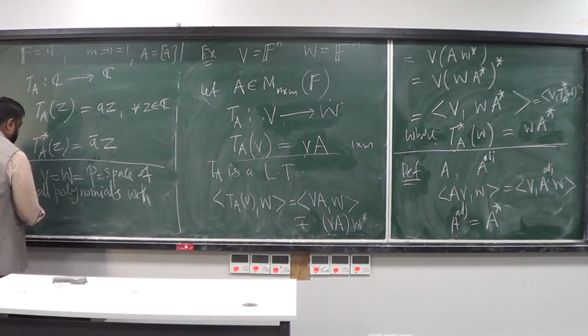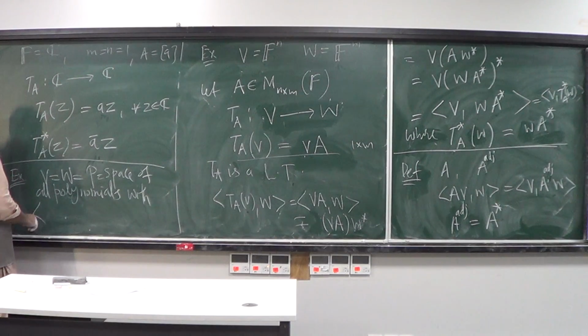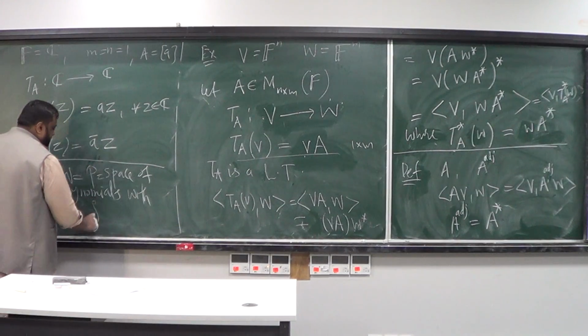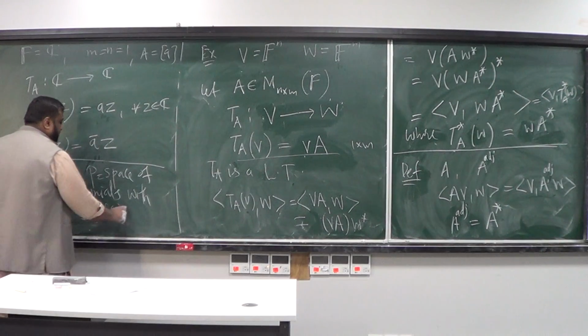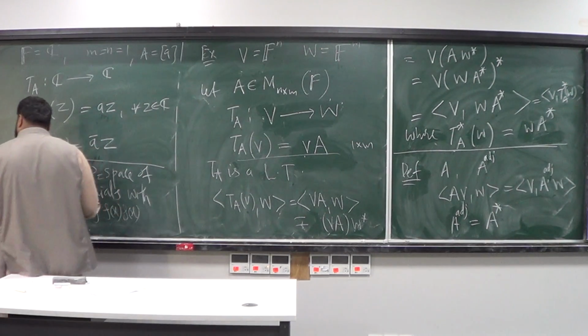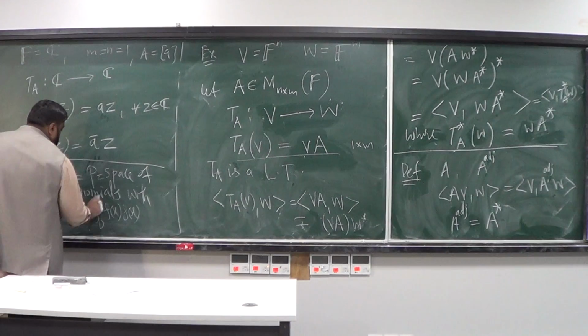with inner product. The inner product on V and W both is the same: if I have two polynomials f and g, then the inner product is the L2 inner product, so you integrate f of x times g of x over the interval, say, 0 to 1.